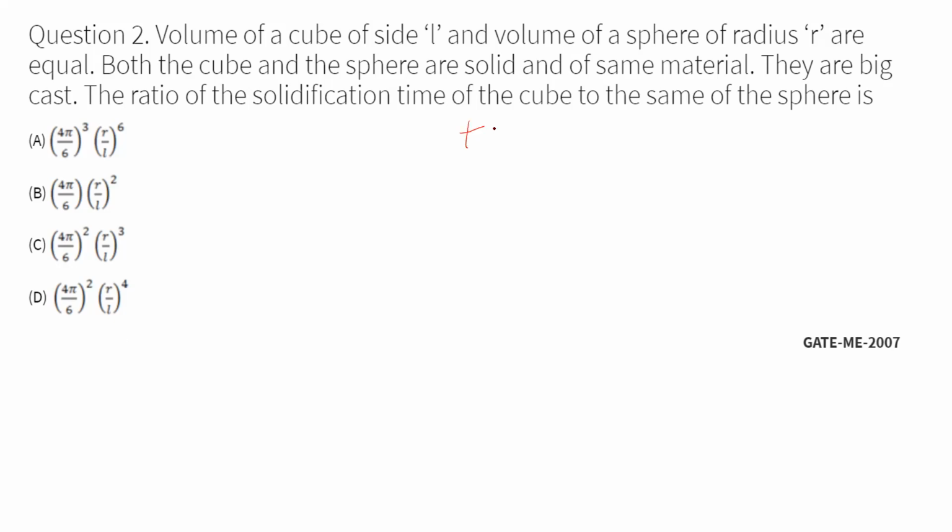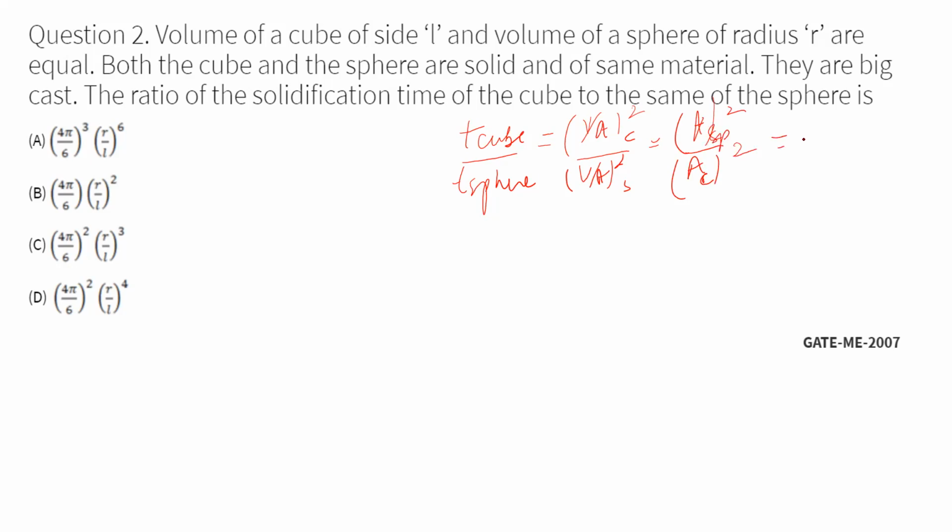I'm just writing it here, okay? This is equal to V by A of cube divided by V by A of sphere. But volume is the same, right? So area of cube whole square over the sphere: this will become 4 pi r square over 6 l square.